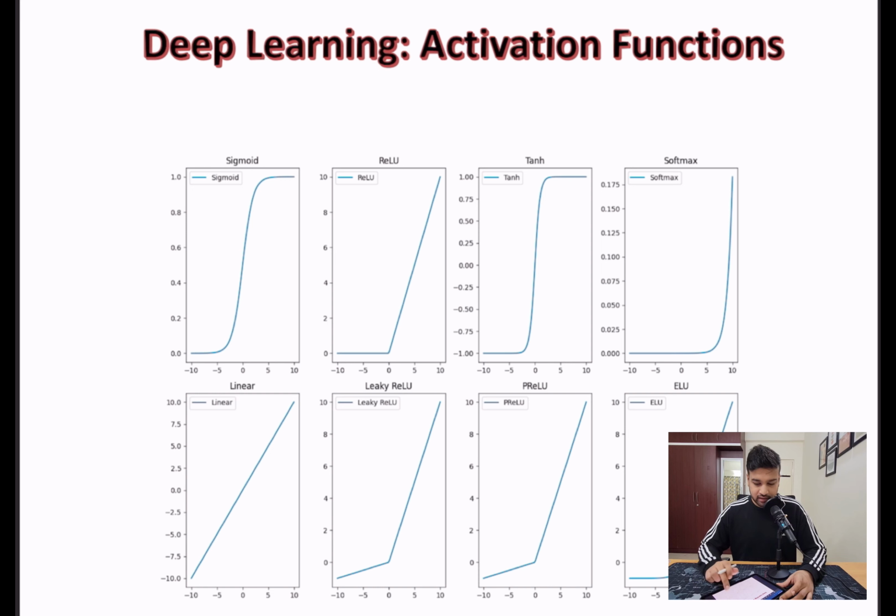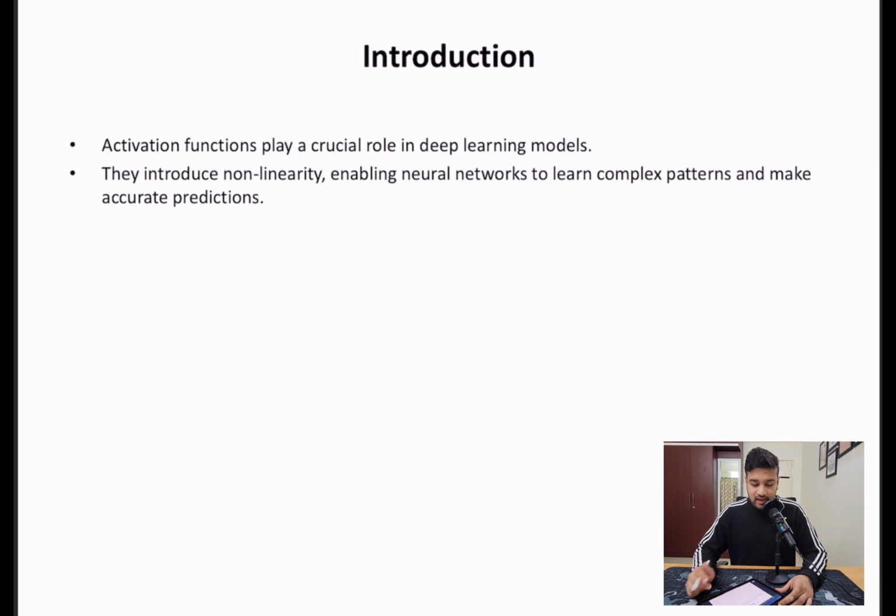So let's get started. The first thing is that activation functions play a very crucial role in deep learning models. They introduce nonlinearity, enabling neural networks to learn complex patterns and make accurate predictions.